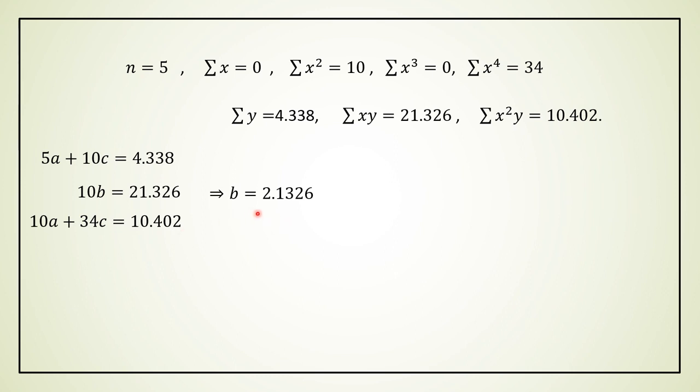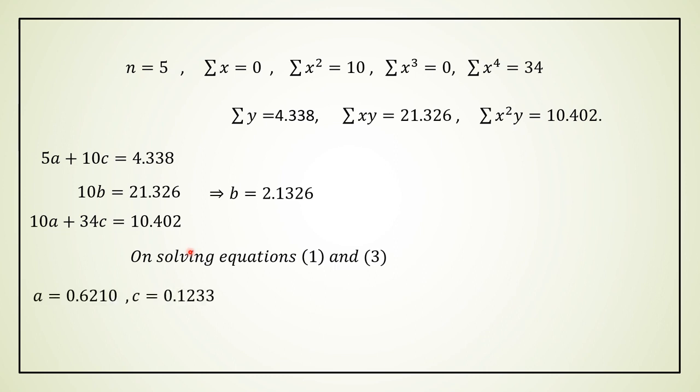The value of b over here is 2.1326, and I can solve the first and the third equation using the calculator so that you are going to get the value of a to be 0.6210 and c, 0.1233.